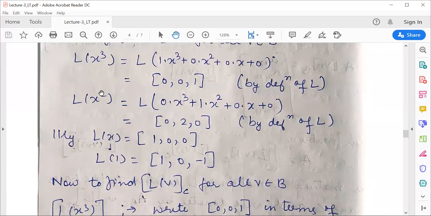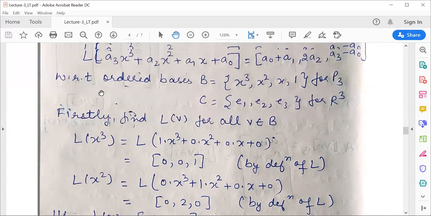Here you should not change the order because we are dealing with ordered bases. If the ordered basis is x cube, x square, x and 1, you will continue in the same manner, because the coordinate vector depends upon the arrangement of the elements in the basis.